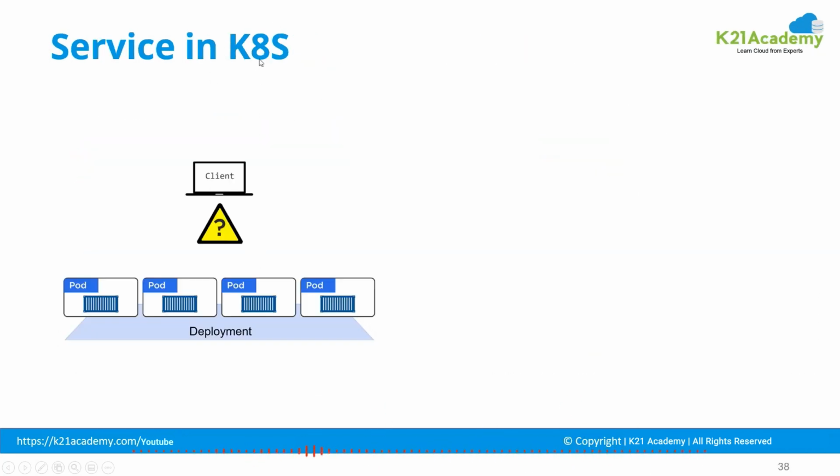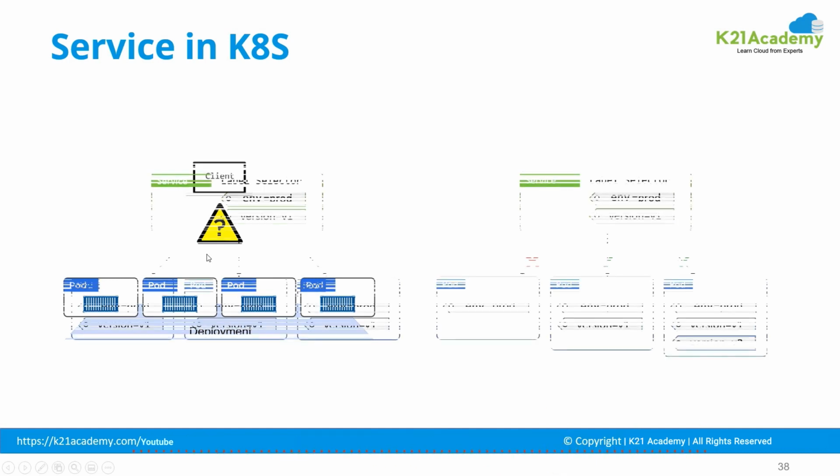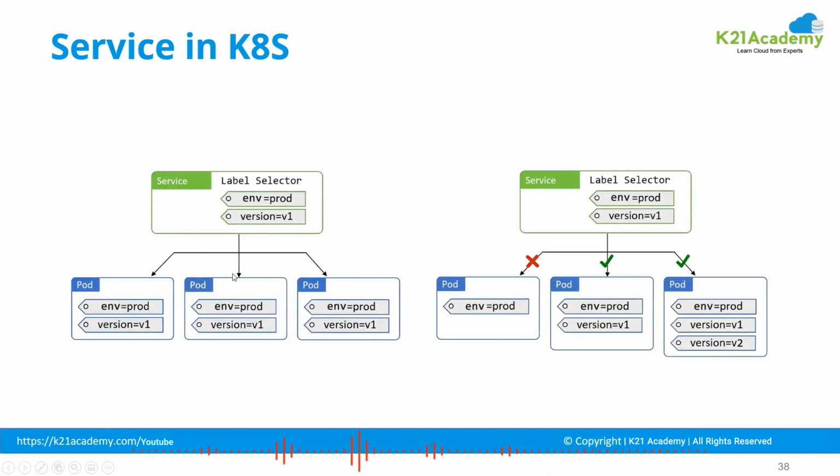The communication from the client to the application running on pods happens via the service, and the service has a label selector. You define labels, say the service will serve all the pods with these two labels, for example, and then you run the pods with those labels. You can define one label or 2 or 5 labels, and as long as the pod has those labels, the service will forward requests to it.